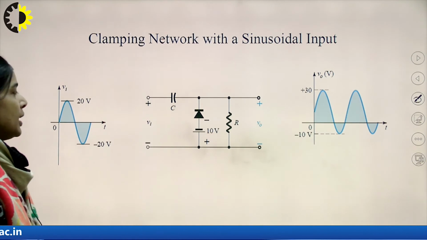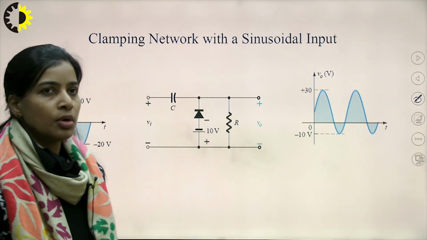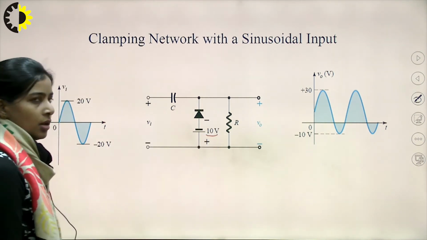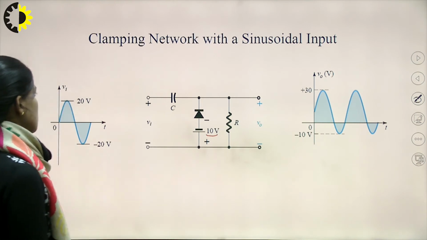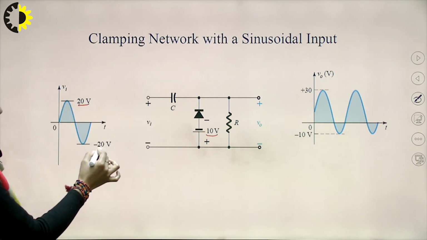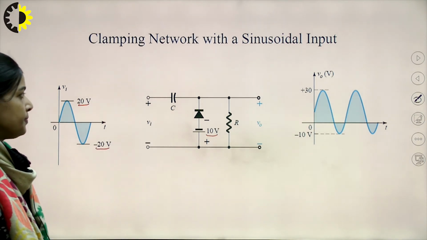This is an example of a clamping circuit with sinusoidal input and with a DC value of 10 volts. So here we have a sinusoidal input of magnitude 20 volts, varying from minus 20 to plus 20.